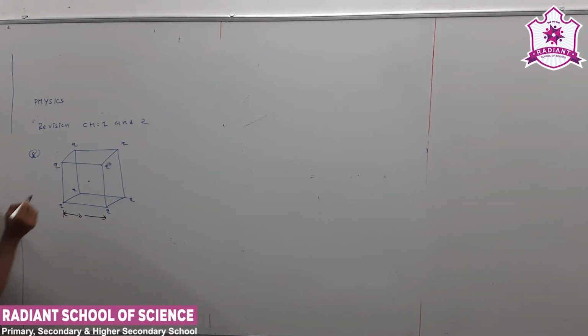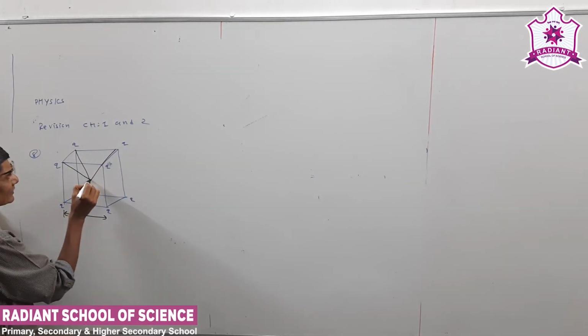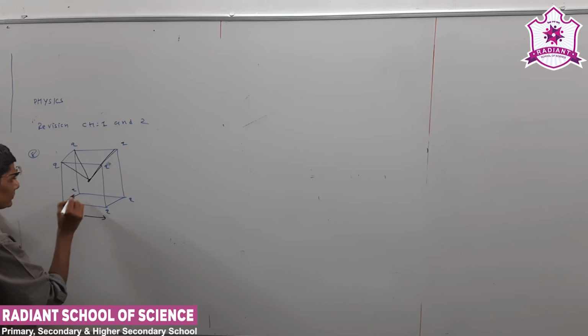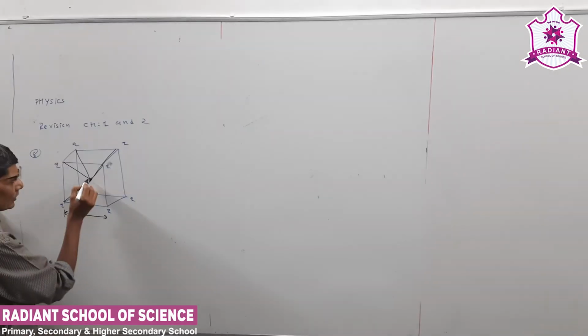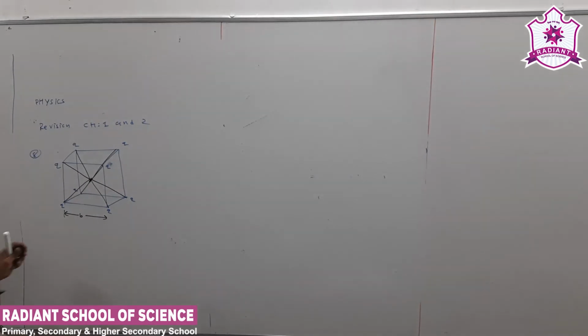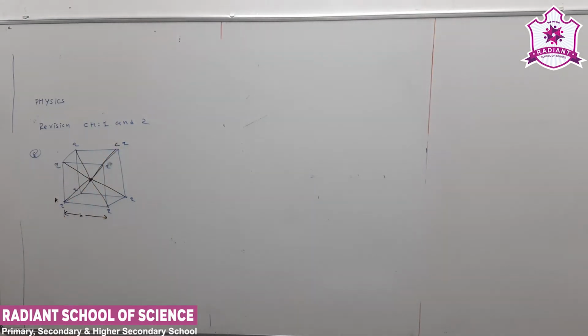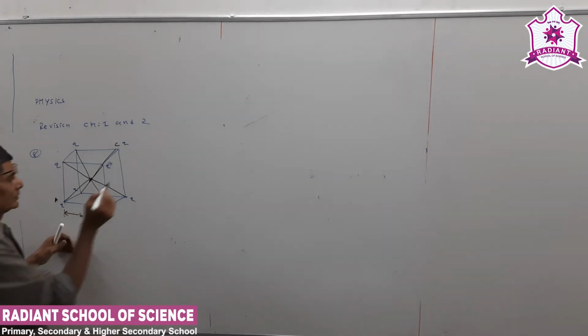Now potential is a scalar quantity. Also the distance of each vertex from the center will be the same. See, what is the diagonal? Let us say AC is the diagonal here. What will the length be?